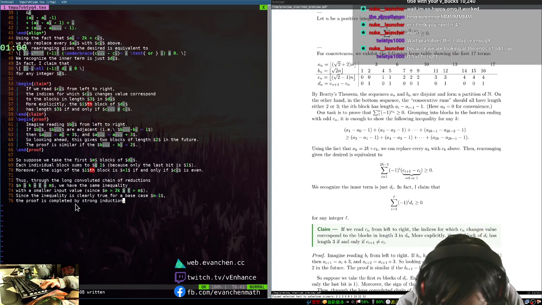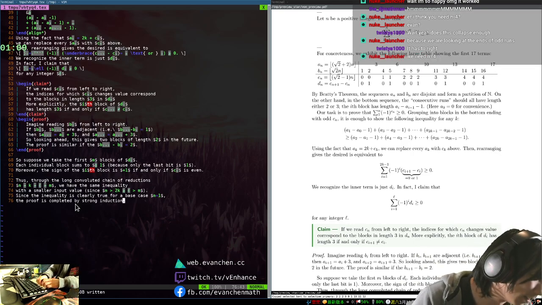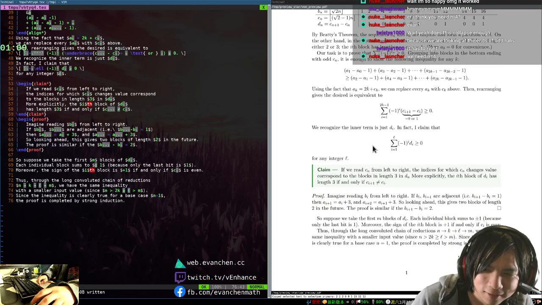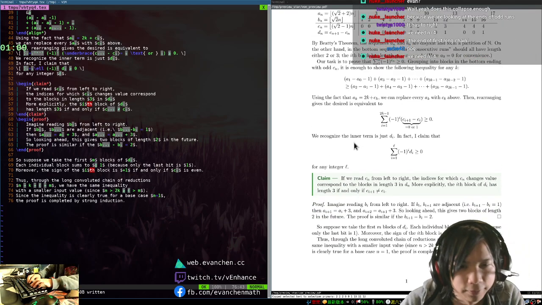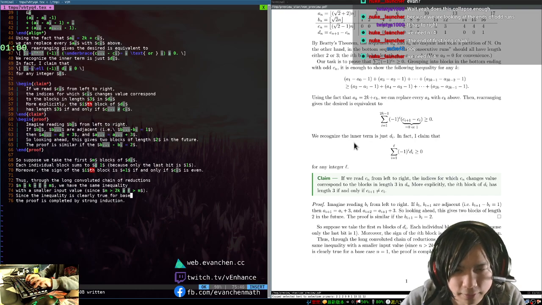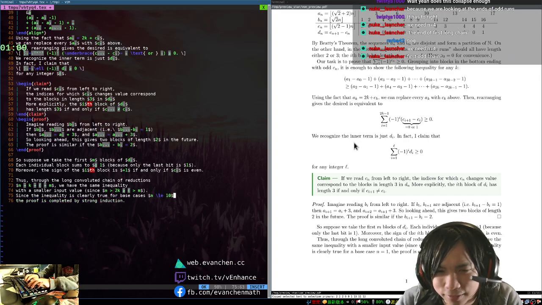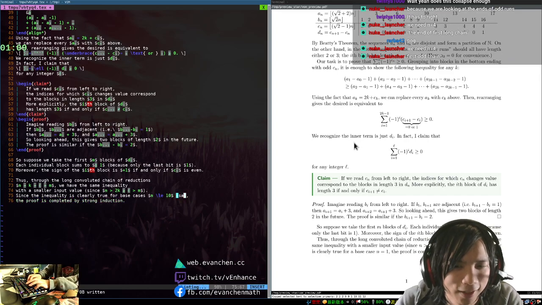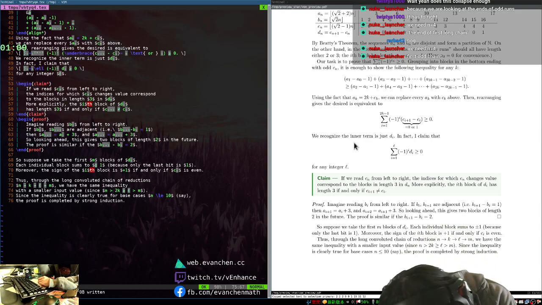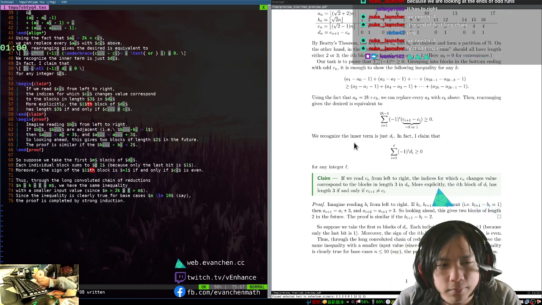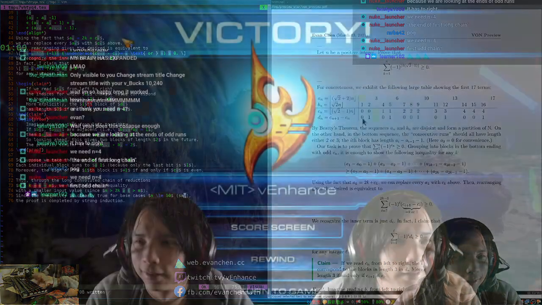Alright! 29 minus 4 for base cases, and less than, let's just say less than 10 to be safe. I don't care enough to work out what the split is. We did it!